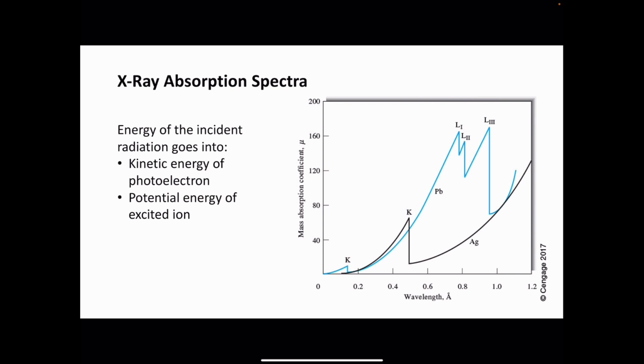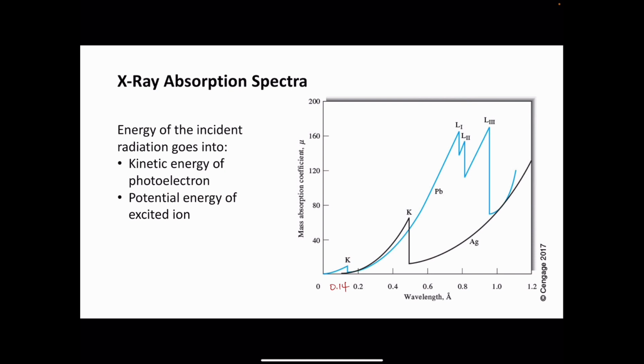So for lead, which you can see in this figure is the blue spectrum, the first absorption peak occurs at about 0.14 angstroms. And this corresponds to the energy required to eject the highest energy K electron. But at wavelengths just larger or longer, the incoming radiation is not great enough to remove a K electron.